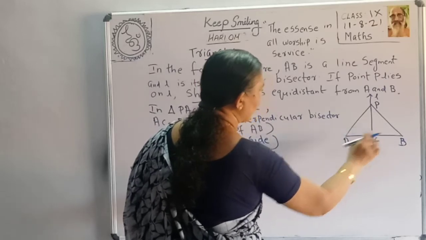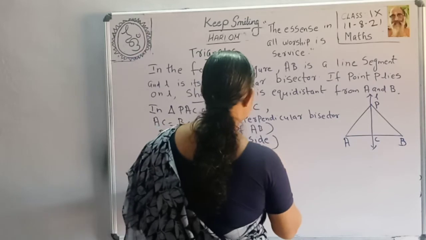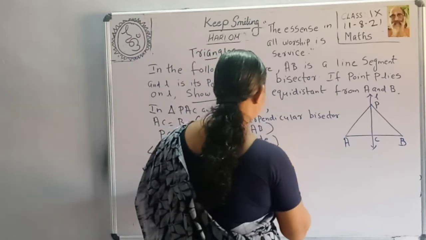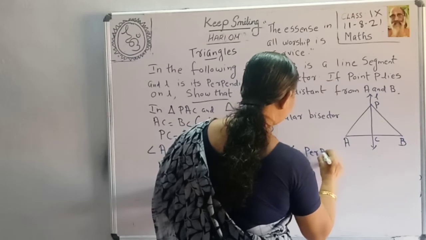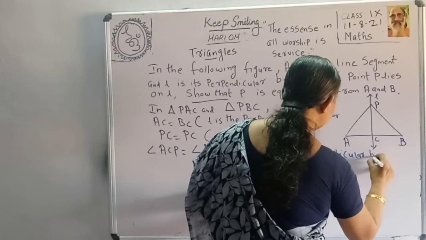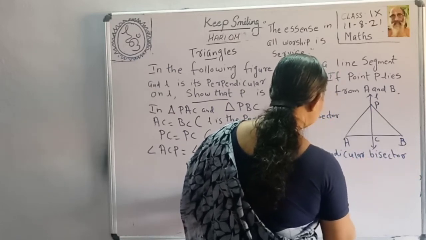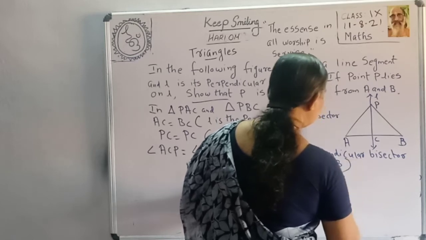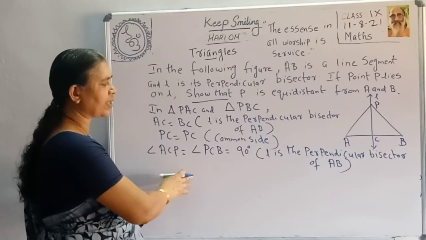These two angles are 90 degrees because L is the perpendicular bisector of AB. Therefore, angle ACP is equal to angle PCB, which is equal to 90.